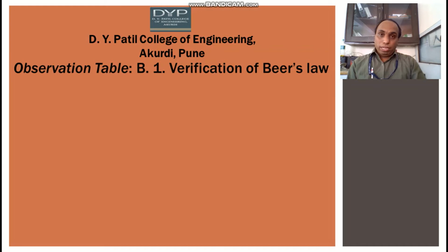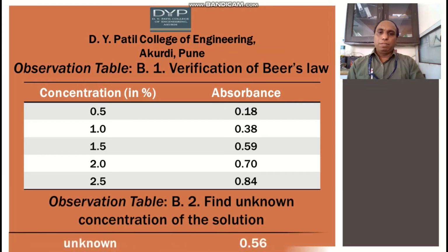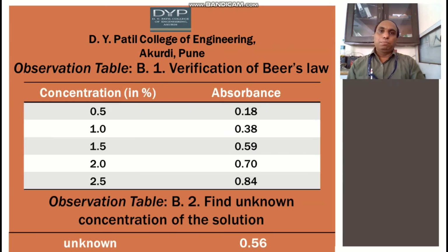For the verification of Beer's law, we have these readings. You can observe that for 0.5 we get 0.18, for 1 we get 0.38, for 1.5 we get 0.59. So it is a linear trend. From this I can conclude that Beer's law is verified, but this needs proof by a graph.